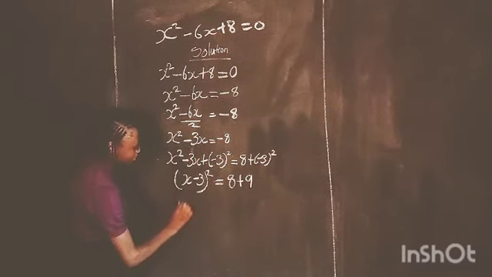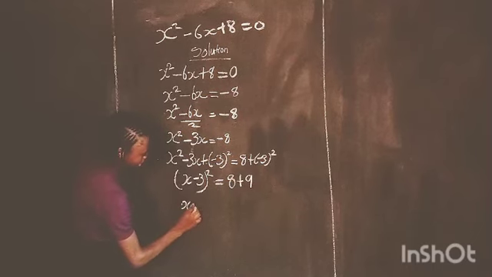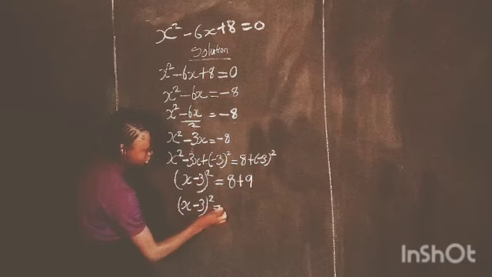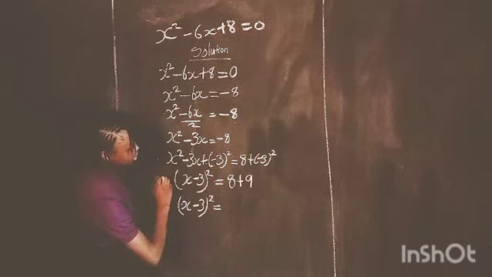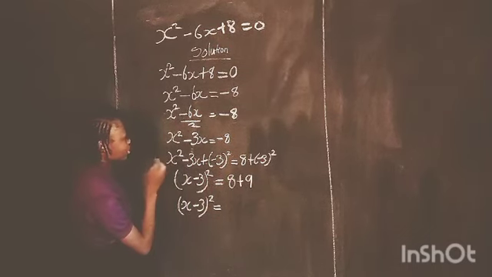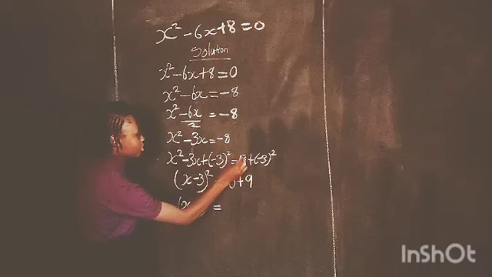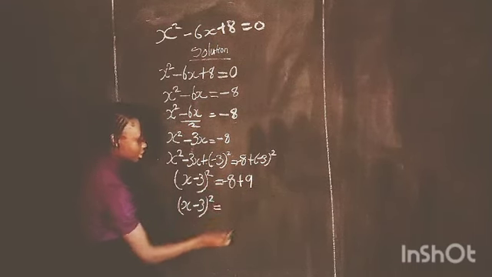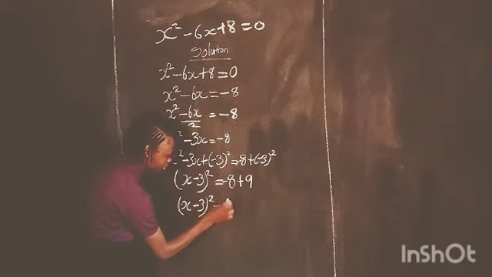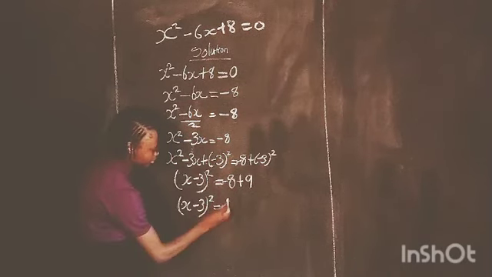So we have x minus 3 square equal to, so we have 8, it's supposed to be minus. Sorry, I omitted the minus here. So it's minus 8 plus 9, giving me 1.